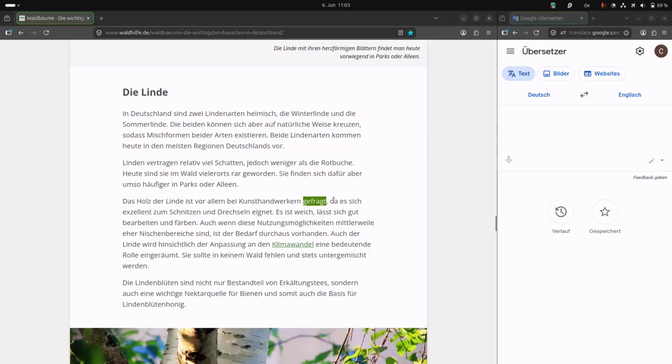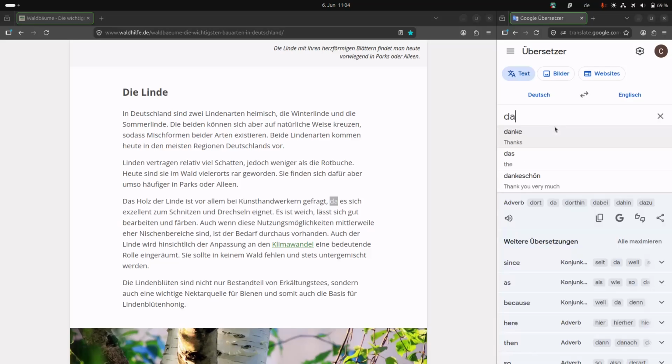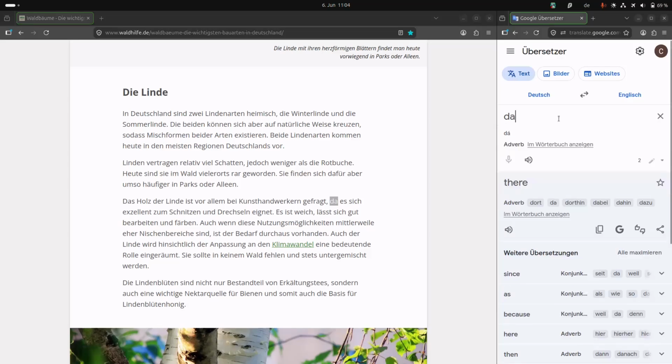And da es sich exzellent zum Schnitzen und Drechseln eignet. Da in general means there, I think it should be a preposition. I'm not too sure with the grammar stuff, maybe it's more of an adverb, a locative adverb or something.